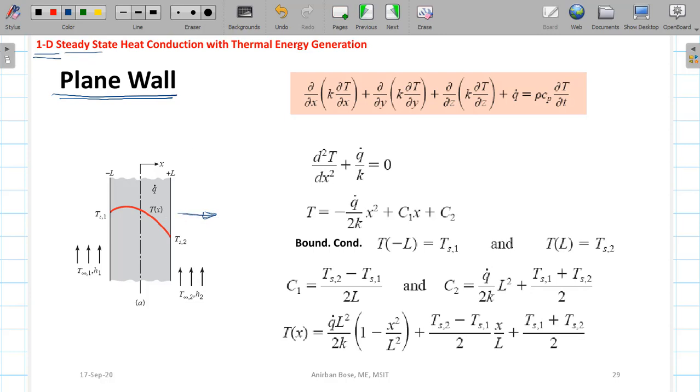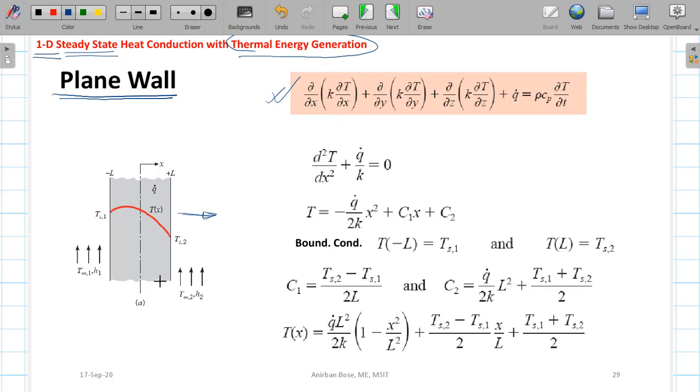We are again considering the steady state situation, that means with respect to time the temperature is the same everywhere. But now the thermal energy generation term is non-zero. It is not zero.